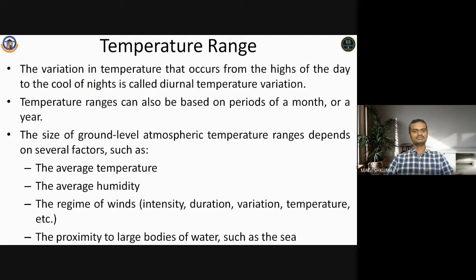And it is also based on the months of the year. As you can see, the temperature range in the summer will be higher as compared with the monsoon and winter seasons. The size of the variation of ground level atmospheric temperature ranges depends on the average temperature of the atmosphere at that locality, the average humidity of the immediate atmosphere above that surface, and regimes of wind energy intensity and duration.